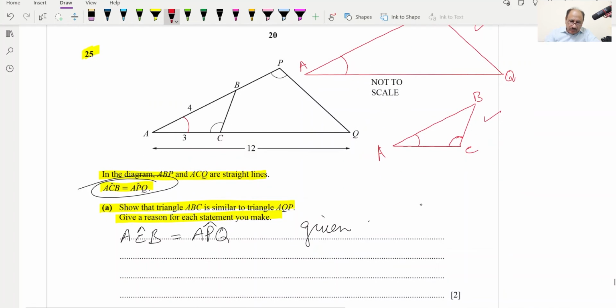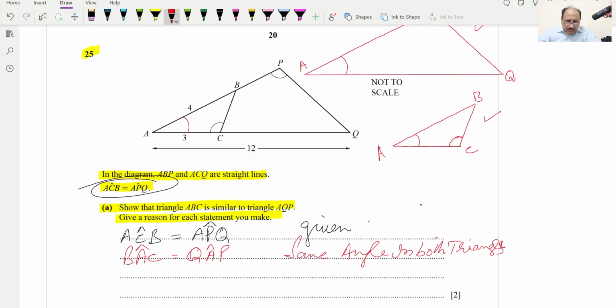So we will write over here BAC angle is equal to QAP angle, and we will write here same angle in both triangles.